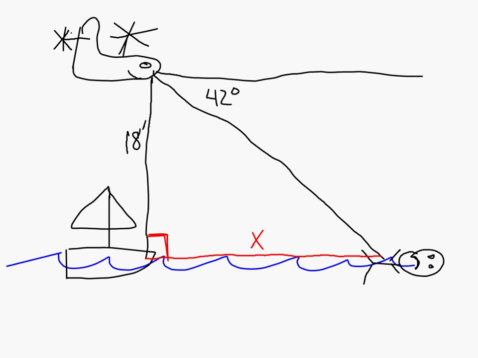Now remember, this horizontal line coming out of the helicopter is parallel to this line. So this line of sight is a transversal. And if that angle is 42 degrees, then this angle down here is 42 degrees.